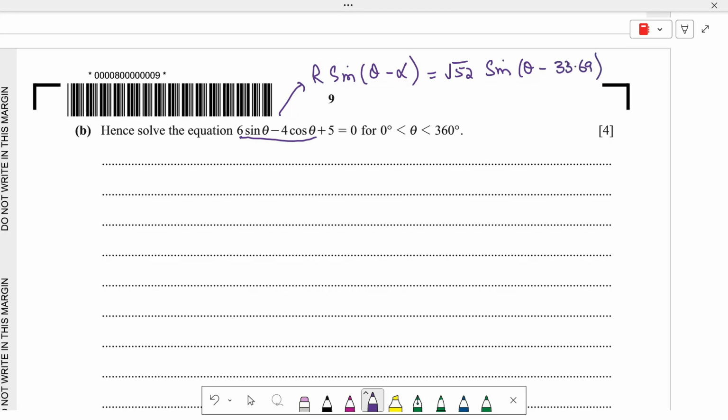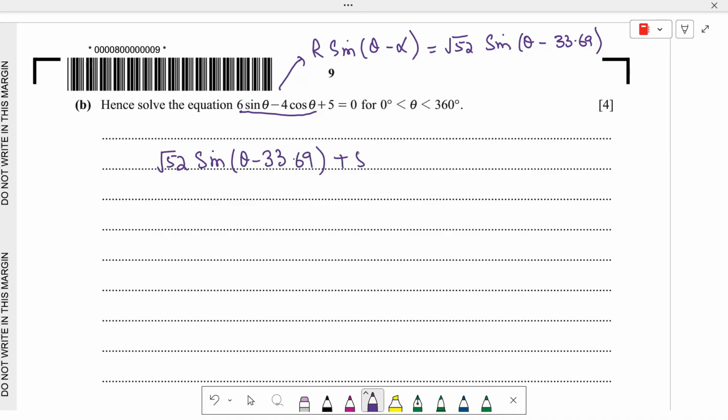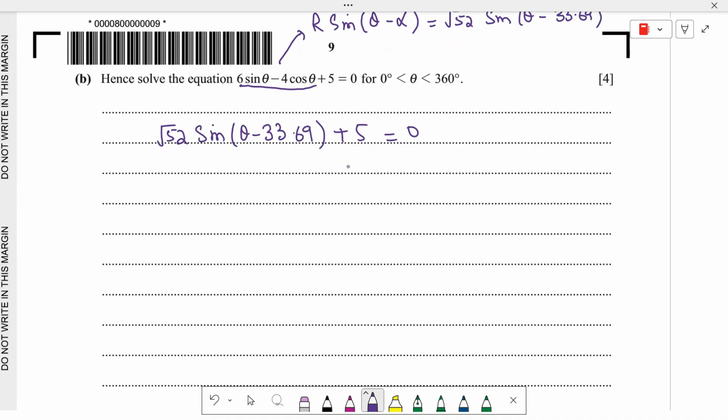And we need to solve this equation for the value of theta less than 360 and greater than 0. So we can write root 52 sine (theta minus 33.69) plus 5 equal to 0.